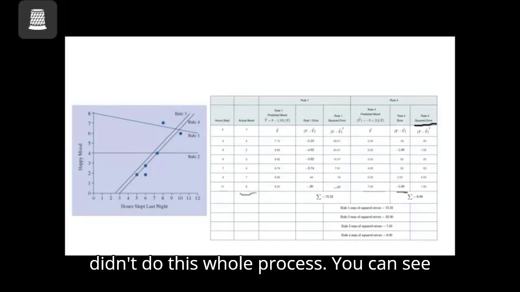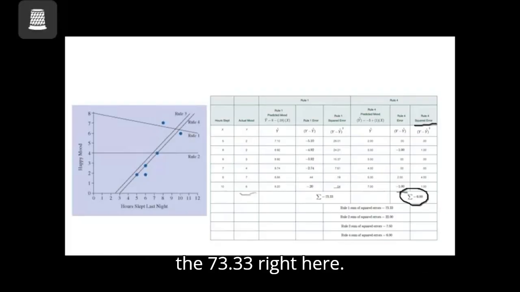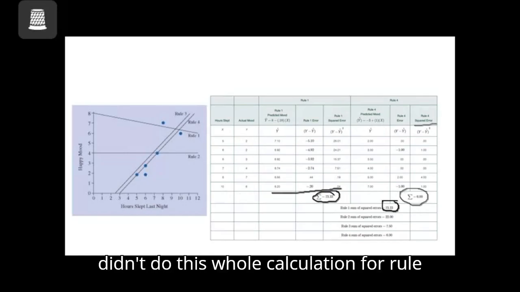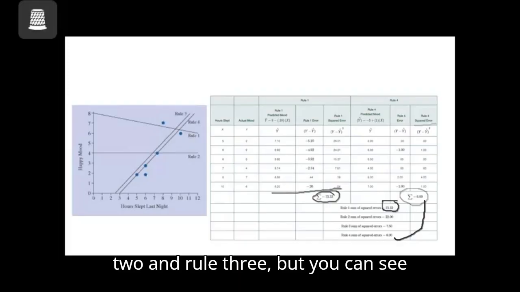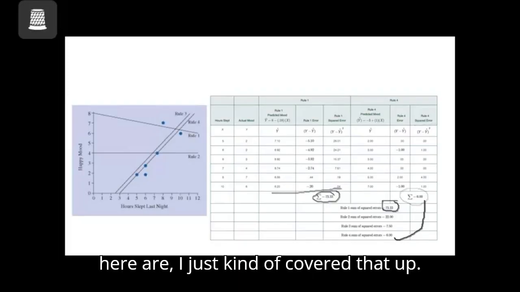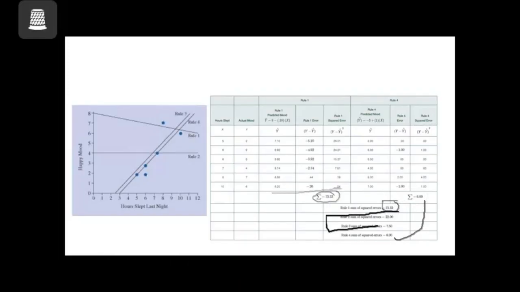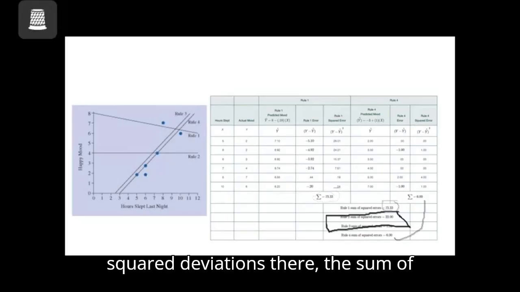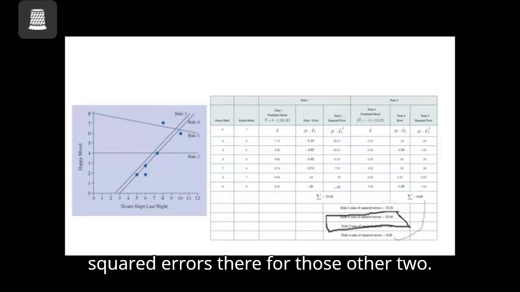Now, we didn't do this whole process. You can see the 73.33 right here, and the 6 is right here. We didn't do this whole calculation for Rule 2 and Rule 3, but you can see the squared deviations and the sum of squared errors for those other two.